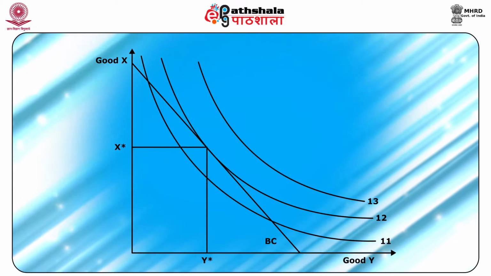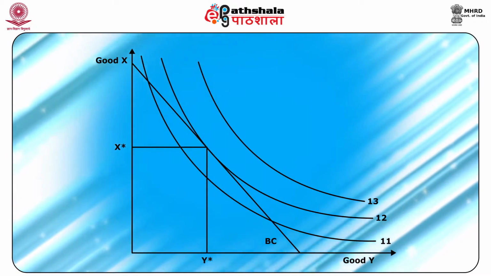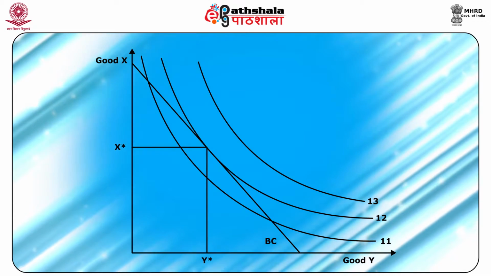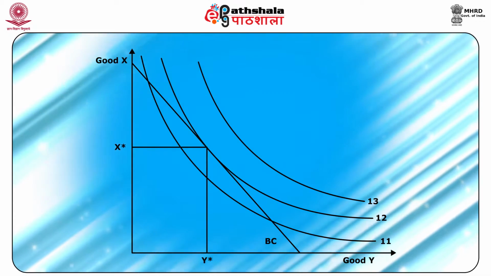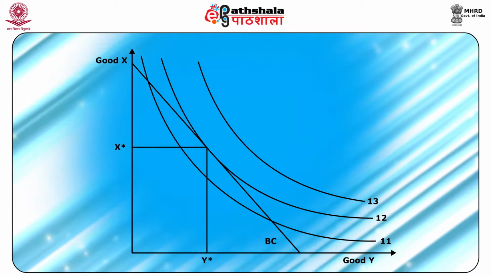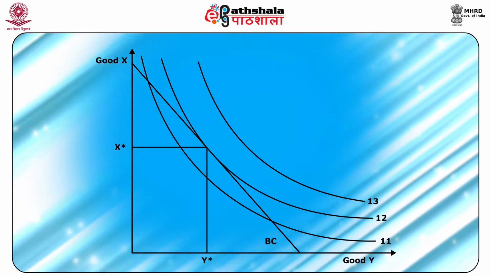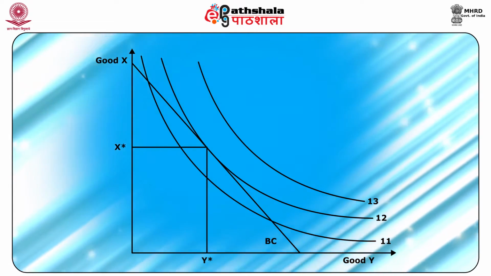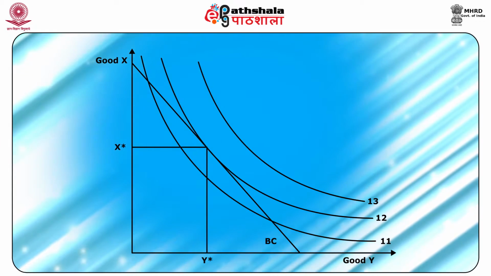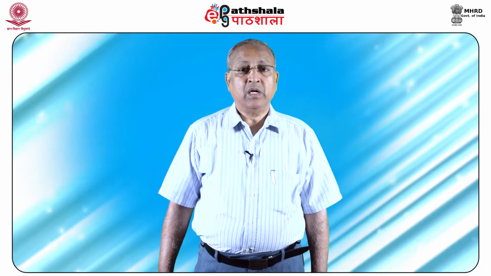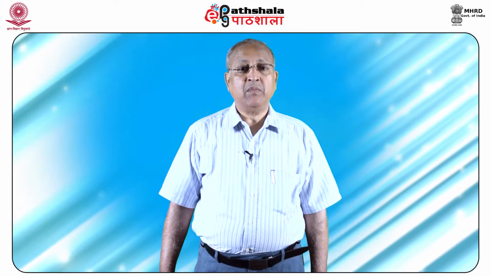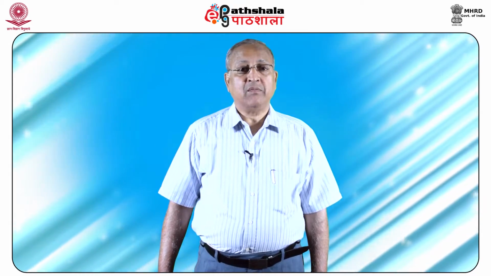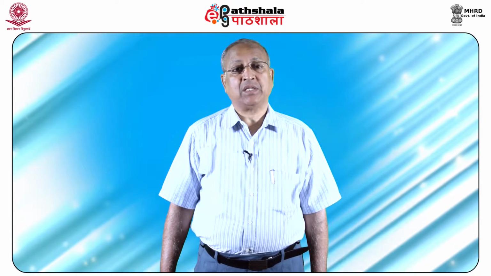The only point which represents the highest attainable indifference curve is I2, and it is the one which achieves the maximum satisfaction at the point of tangency between the budget constraint and I2. Therefore, it results in equilibrium and the maximum satisfaction to the consumer.